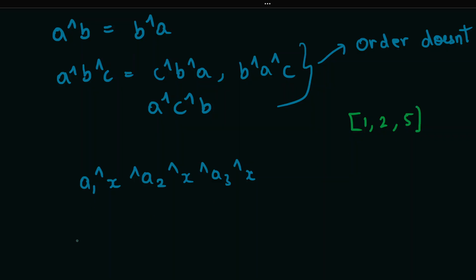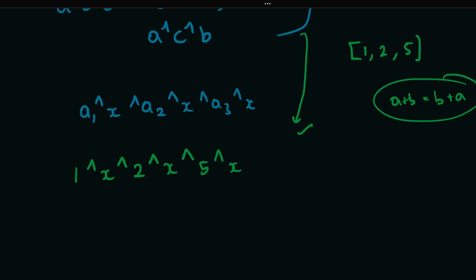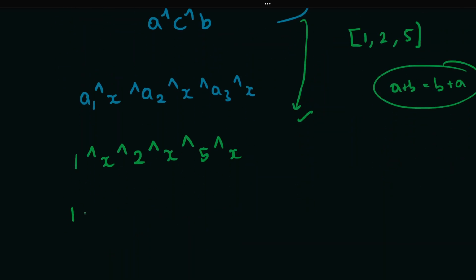Now A1 is 1 XOR of X, A2 is 2 XOR of X, A3 is 5 XOR of X. Now, we know this property is satisfied, so we can rearrange it. It doesn't really matter, just like a plus b is equal to b plus a. Similarly, I'll rearrange this as 1 XOR of 2 XOR of 5 XOR of X XOR of X XOR of X. This should be equal to 0.